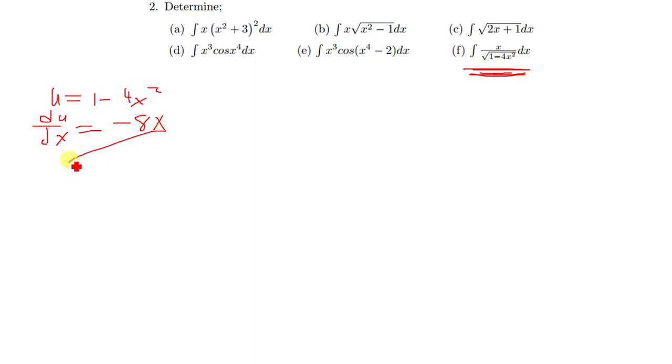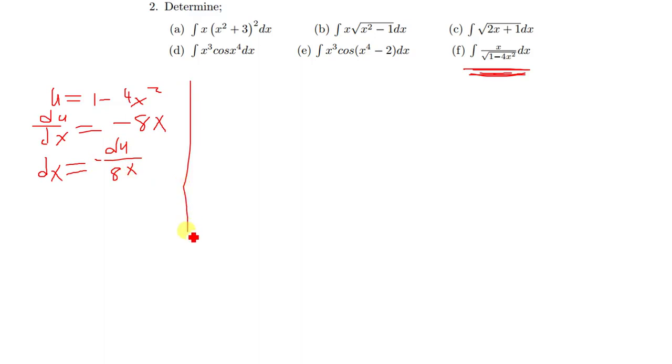So sorry for that. So my dx will be nothing but equal to du over negative 8x.